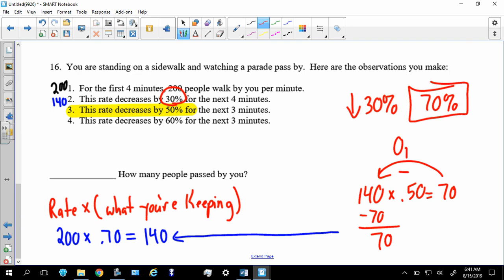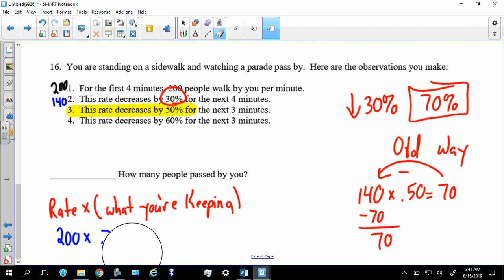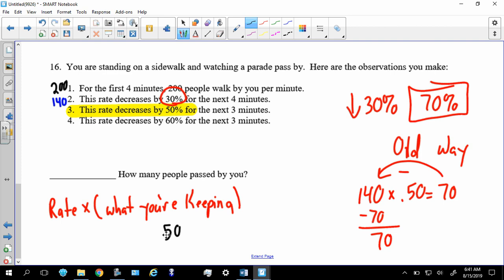The new way says, if I am decreasing by 50%, that means I'm keeping 50%. So that'd be 0.50. My new rate is 140. 140 times 50%, I get 70. Of course, it's 50%, so that's kind of a weird example.